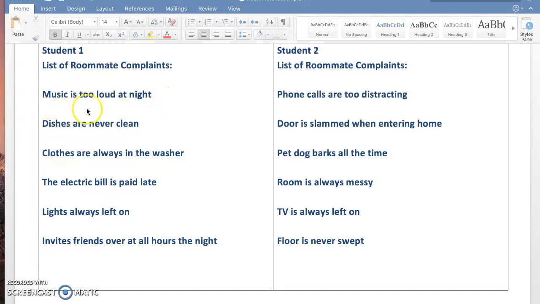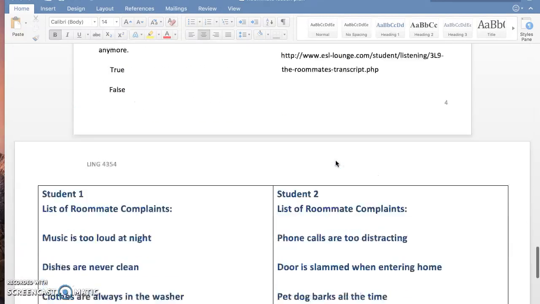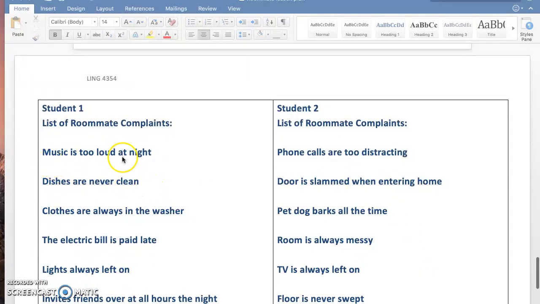So like the music is too loud at night, or dishes are never clean, the lights are always left on, TV is always left on, your pet dog barks all the time. So what the students would have to do is take turns transforming these statements into suggestions that they could suggest for the other student to do.